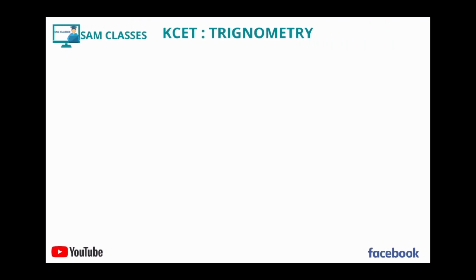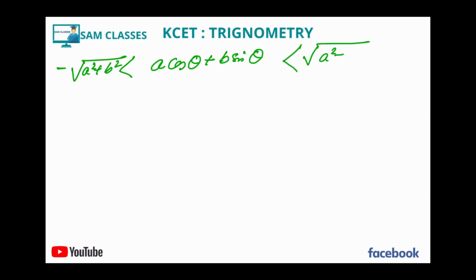Clear? Now one last thing we need to know is the range, finding maximum and minimum of a function. Whenever we have a function in the form a cos theta plus b sin theta, what is the maximum value it can be? It is always greater than minus root of a square plus b square, and always smaller than root of a square plus b square.